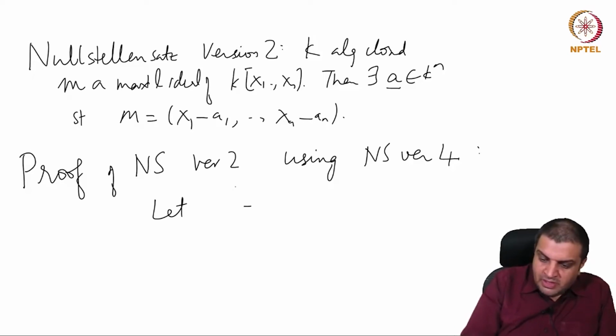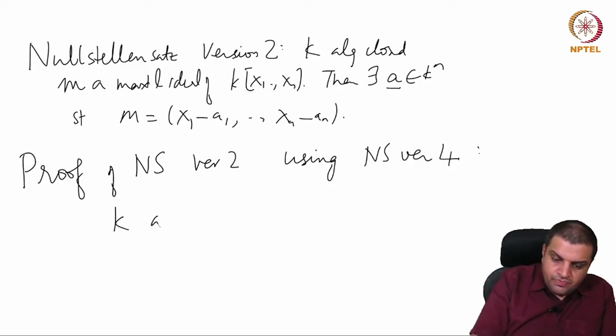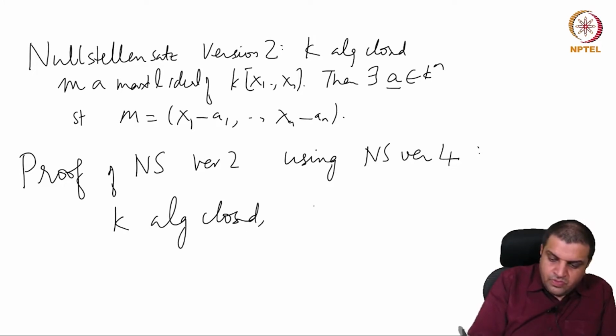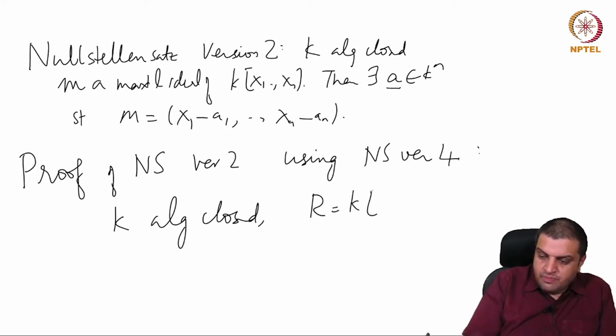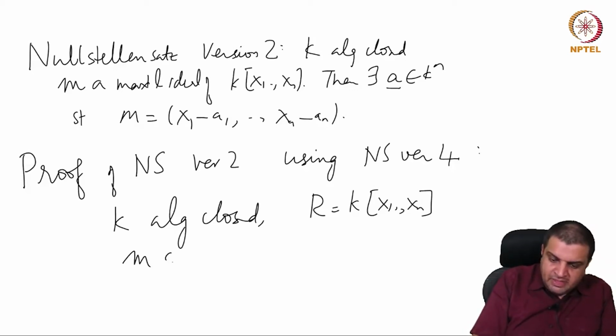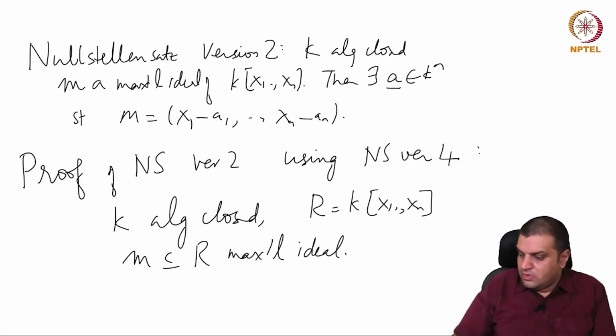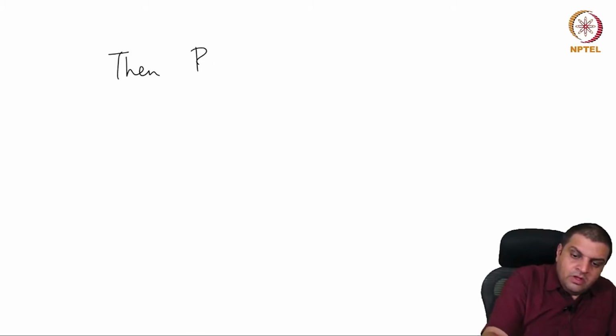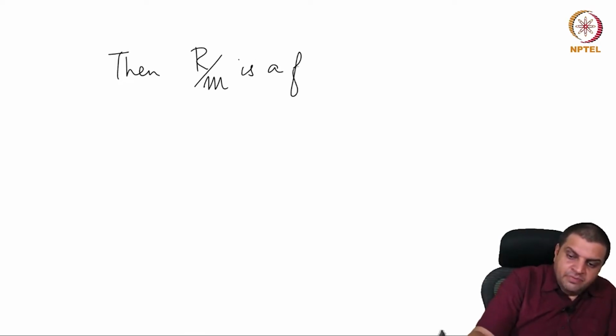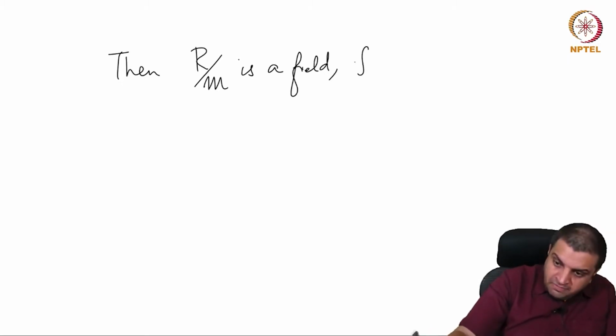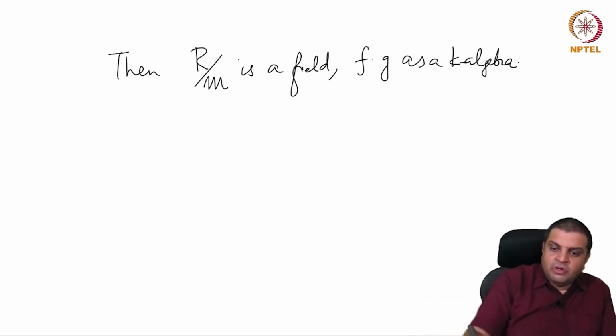Let R be the polynomial ring K[x1 through xn], where K is algebraically closed, and m is a maximal ideal of R. Then R mod m is a field, finitely generated as a K-algebra, because R is finitely generated as a K-algebra and any quotient is also finitely generated.